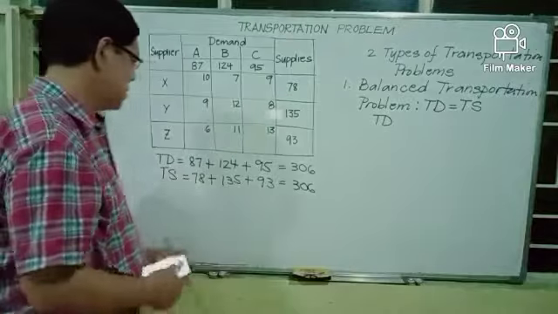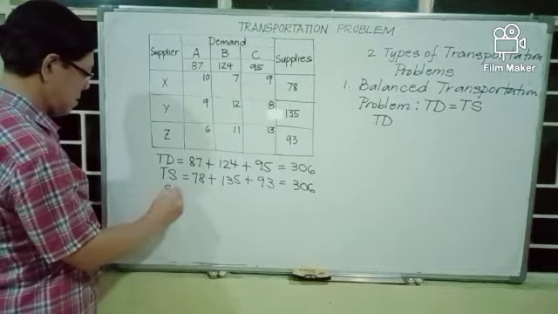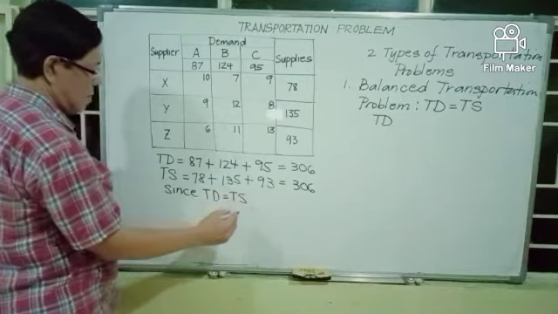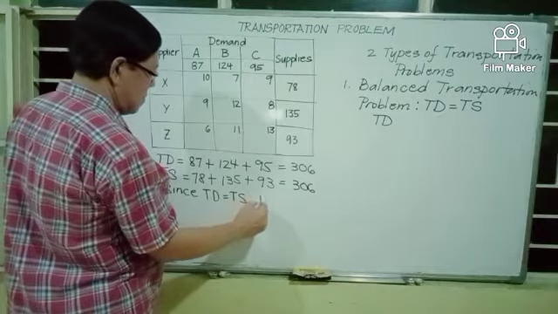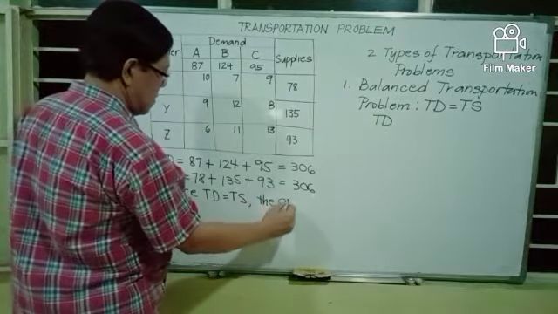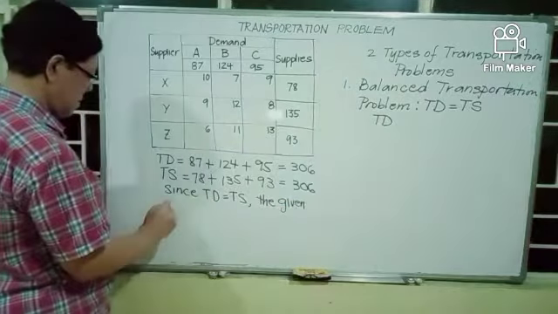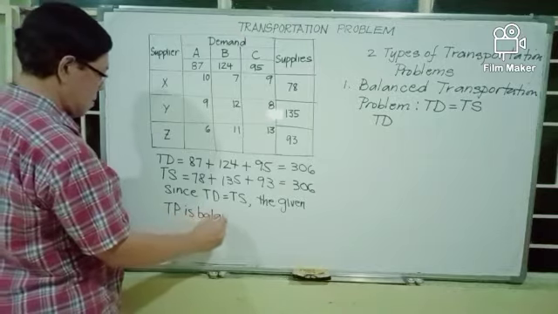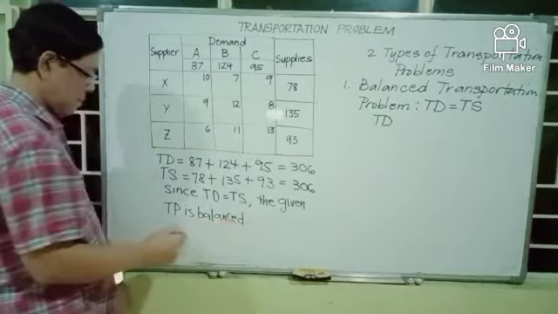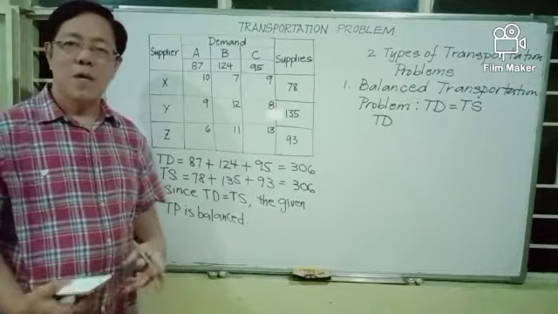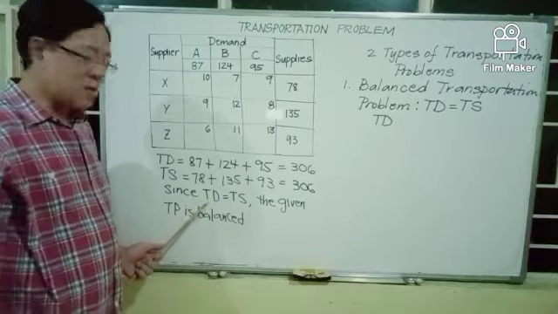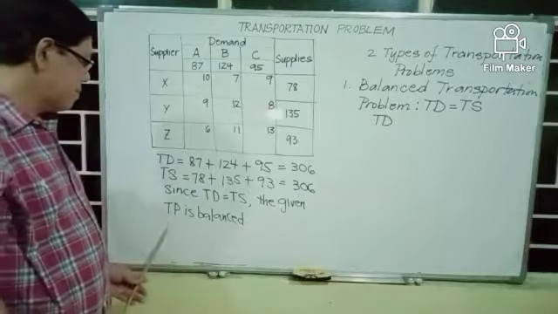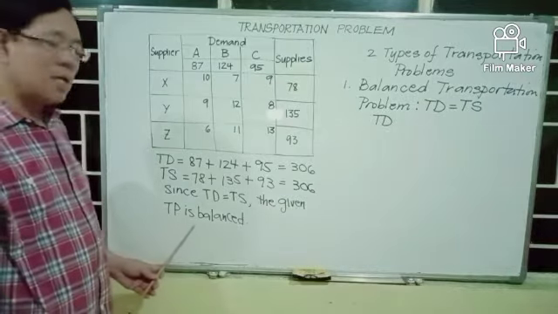We write: since total demand is equal to total supply, we conclude that the given transportation problem, TP, is balanced.